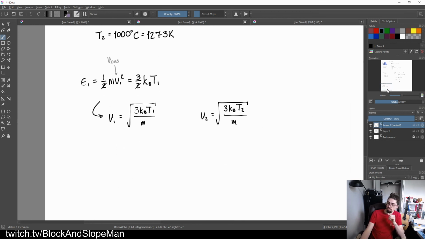So now I'm going to try and combine these together. I want to find, essentially, V2 over V1. When I do that, you can kind of already predict what's going to happen here, right? There's a lot of things that are going to cancel out.